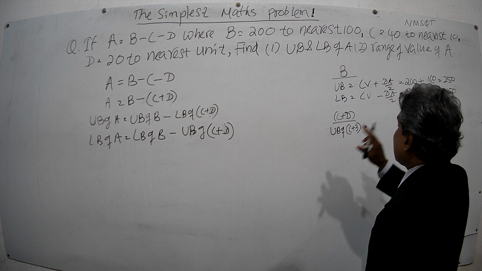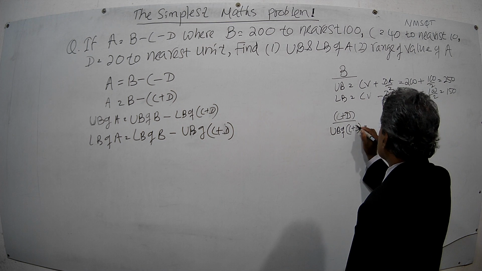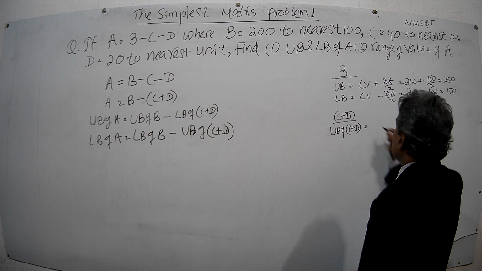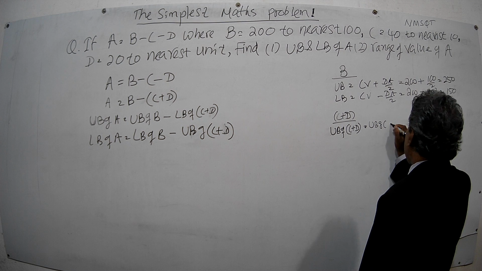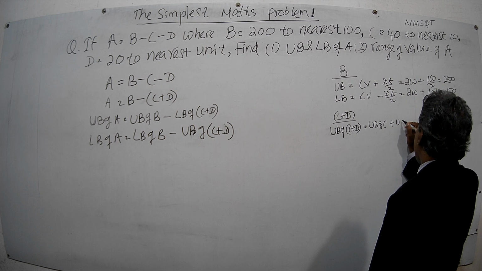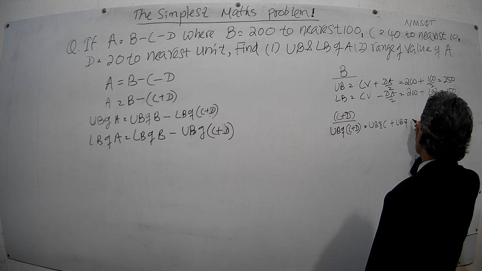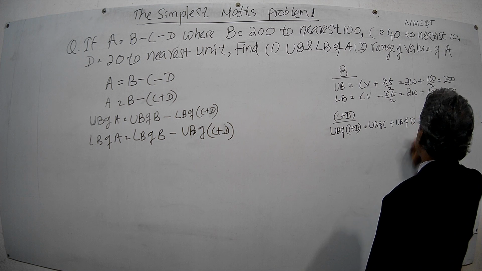That means the upper bound of C plus D equals the upper bound of C plus the upper bound of D.